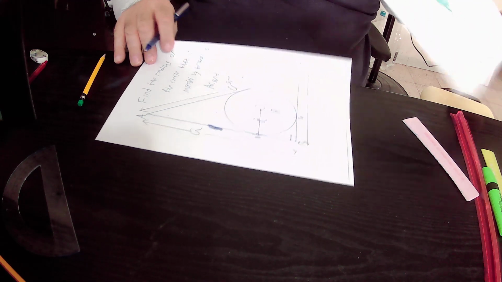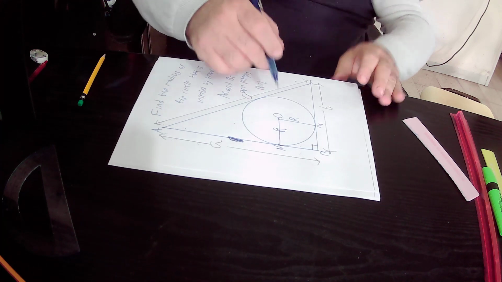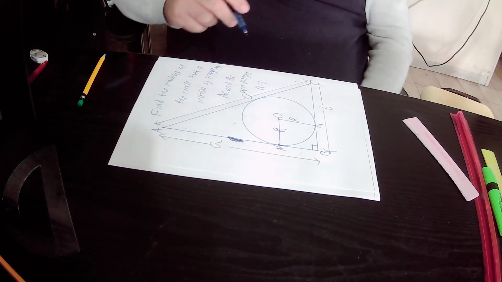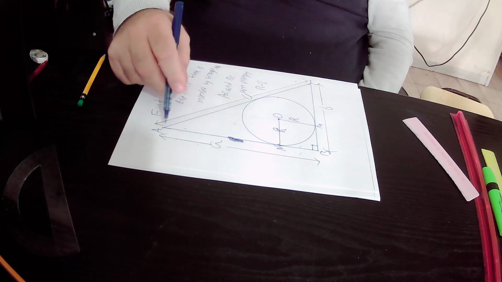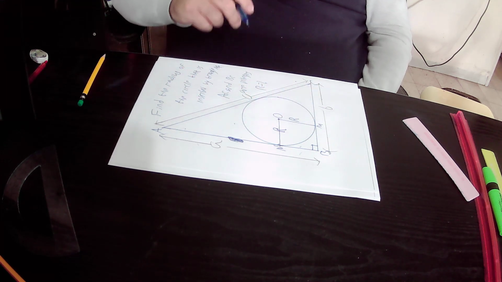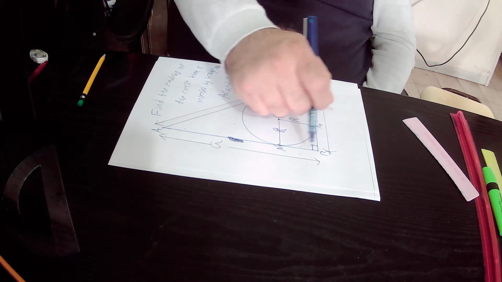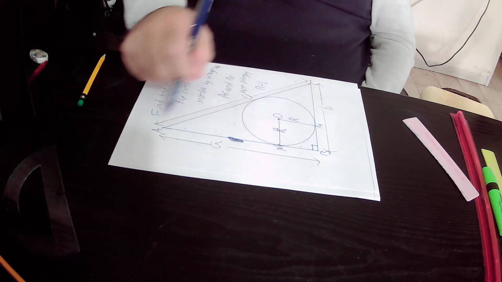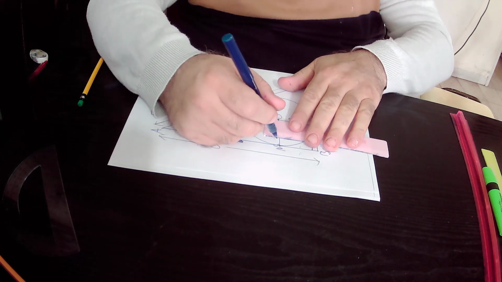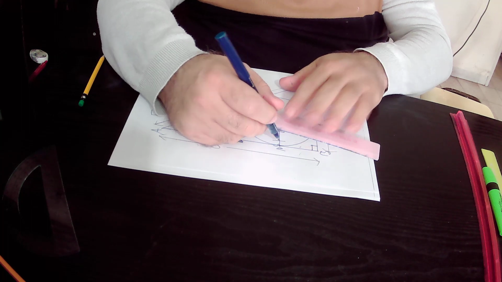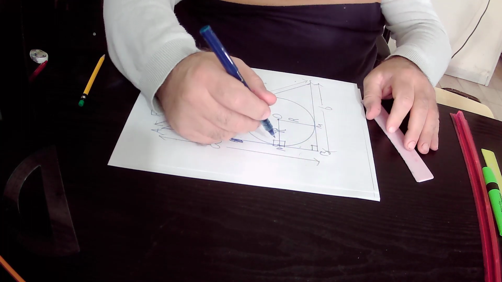So here we have the radius ON that is drawn to point N, the point of tangency of tangent AB with this circle. Whenever we have a radius drawn to the point of tangency, then tangent AB will be perpendicular to the radius NO. So if AB is perpendicular to NO according to rule number 1, it means that this angle equals 90 degrees, and this angle will also equal 90 degrees.